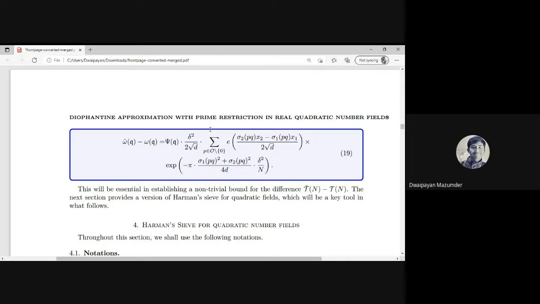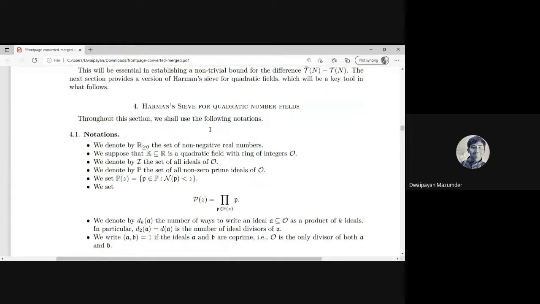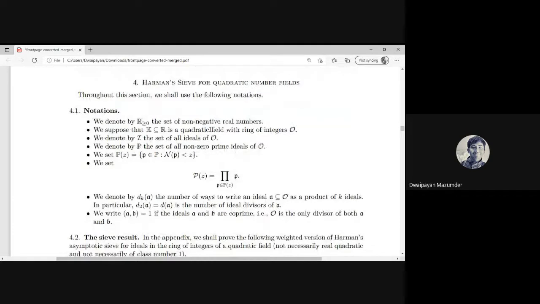Now I am coming to what the type 1 and type 2 sums are. In the case of the Harman sieve, there is a very ordinary sieve setup, but in the case of number fields, we are using ideals. K is obviously a quadratic field with ring of integers.